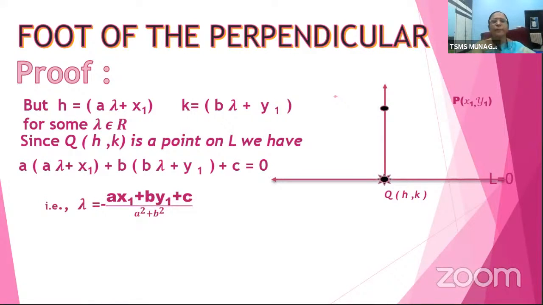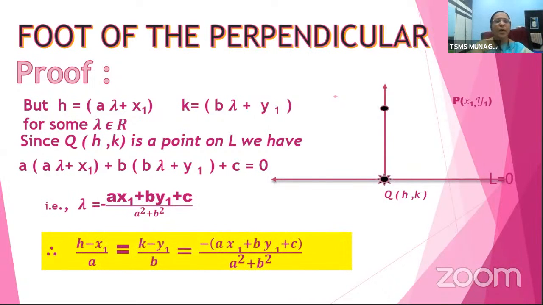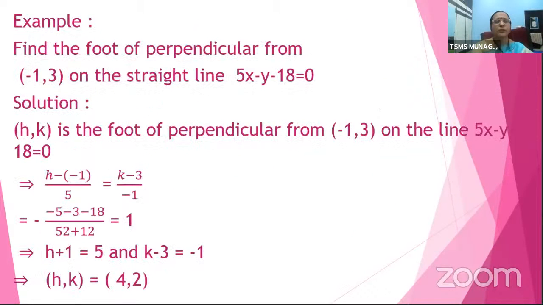If you separate them, you will get the value of λ, which is −(Ax1 + By1 + C)/(A² + B²). Now this λ will be equal to the previous ratio. And so equating all the three ratios, we have (h − x1)/A = (k − y1)/B = −(Ax1 + By1 + C)/(A² + B²).